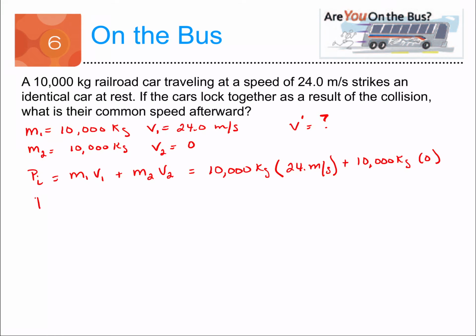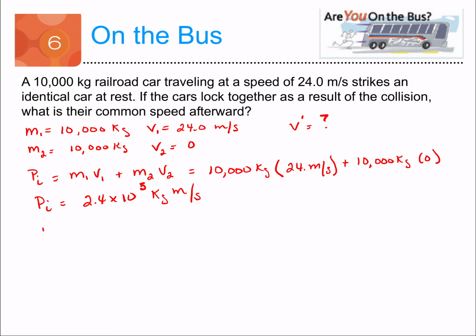Our initial momentum is 2.4 times 10 to the 5th kilogram meters per second. Now we know it's an inelastic collision, so they lock together.